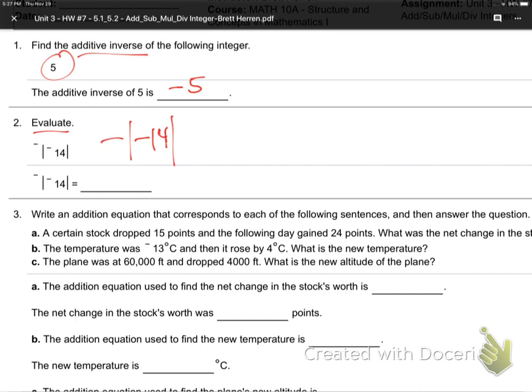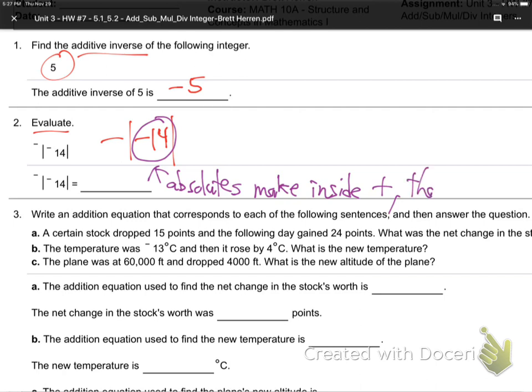How do we do that? Well, you know that the absolute value symbols make the inside positive, then vanish.